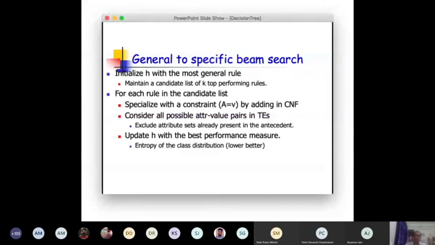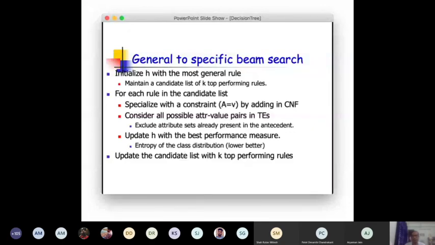The lower the entropy value, the better the skewness of that distribution, and that is more favorable. So that is the strength. That performance criterion is simply the entropy of the training examples covered by that antecedent, from the class distribution. In this way, you have several possible antecedents at that stage. Out of those, you update the candidate list with the k top performing rules.